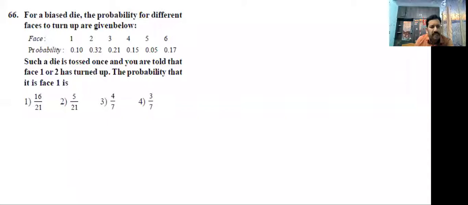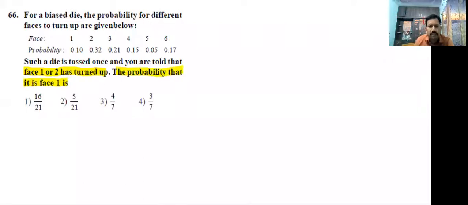For a biased die, the probabilities for the different faces to turn up are given below. A die is tossed once and you are told that face 1 or 2 has turned up. The probability that it is face 1.